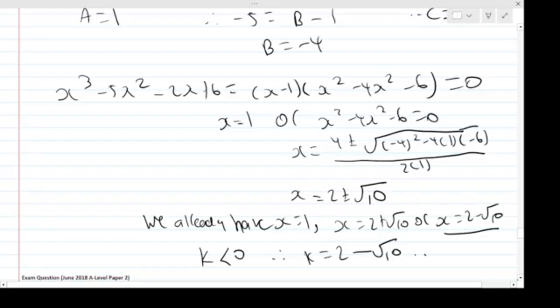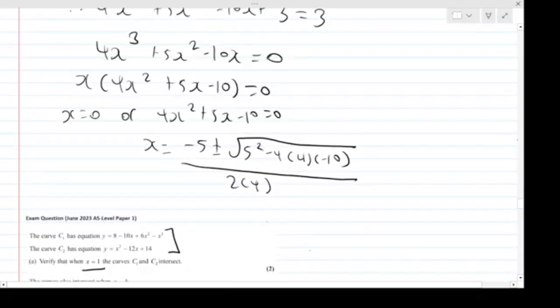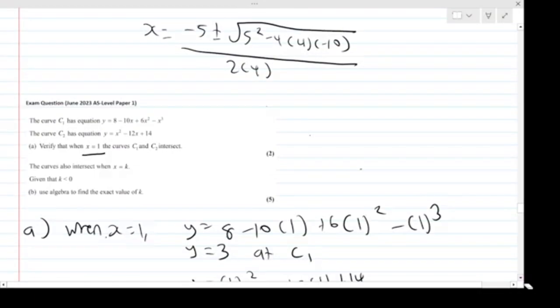There we are. Cool. Hopefully that made sense then, right? So again, as I said at the start of this, it's a fairly typical exam question where they want you to equate two equations or curves together because they intersect.